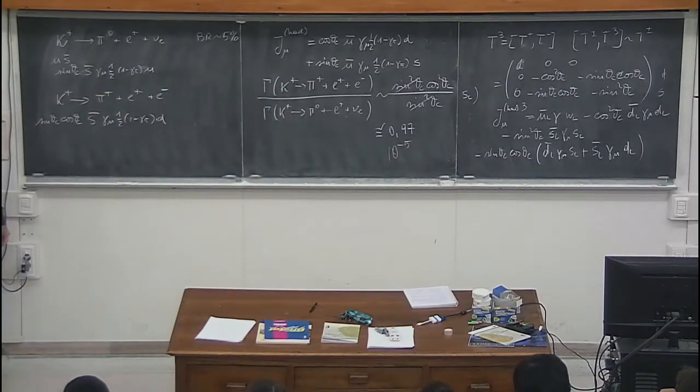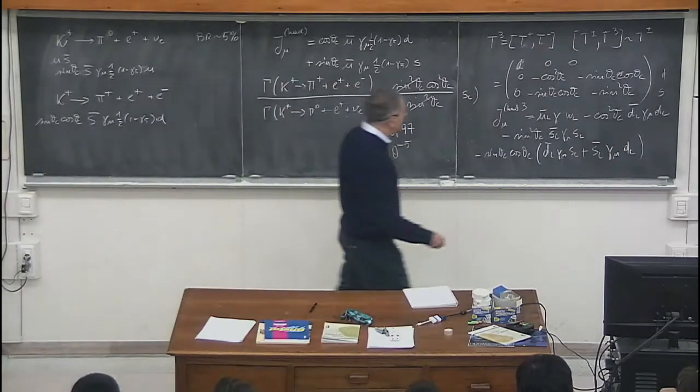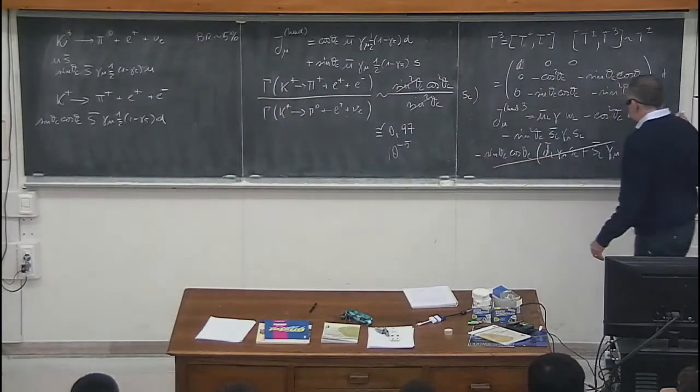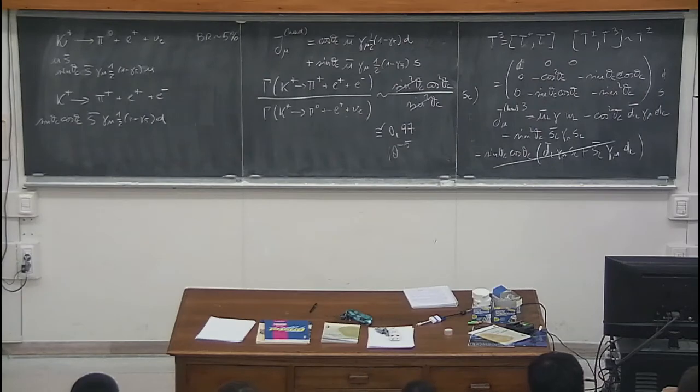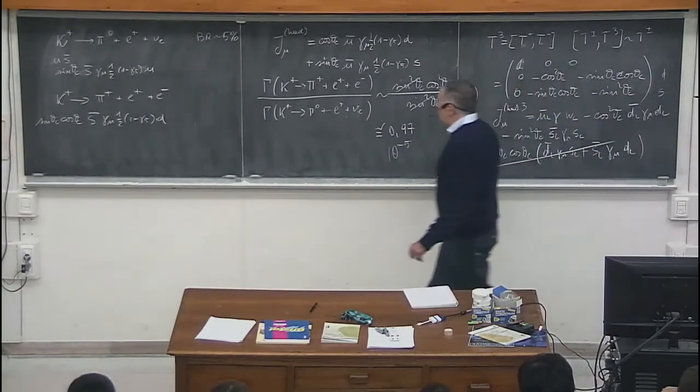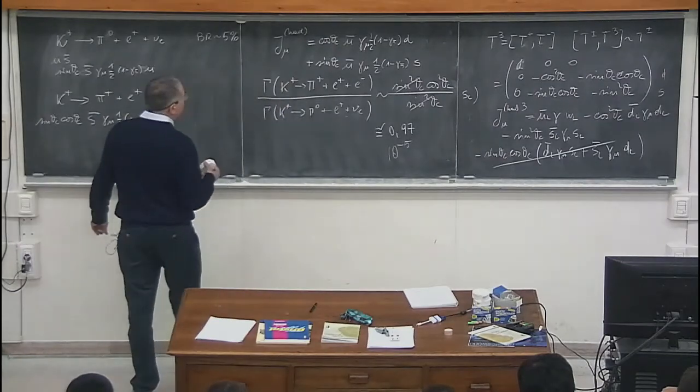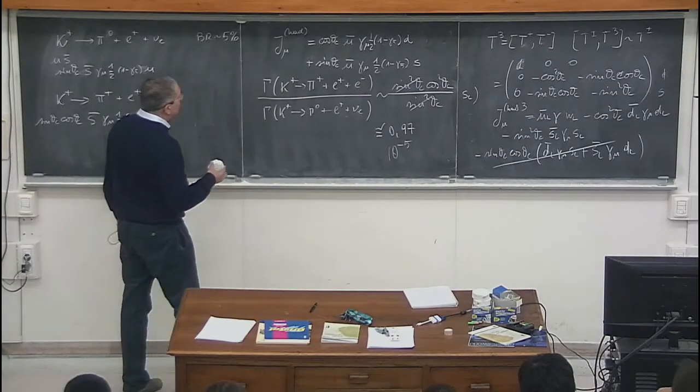So this is an example of the suppression of flavor-changing neutral current effects with respect to flavor-changing charged current effects like this one. So this must be suppressed somehow. What we did is not correct. And there is a very well-known solution, which I want to show you.